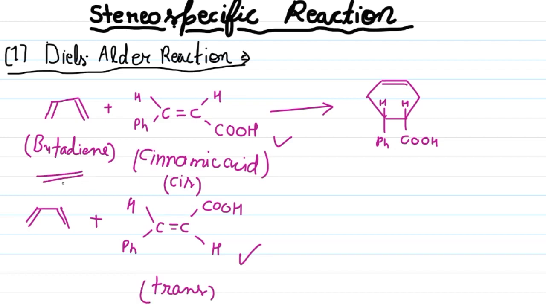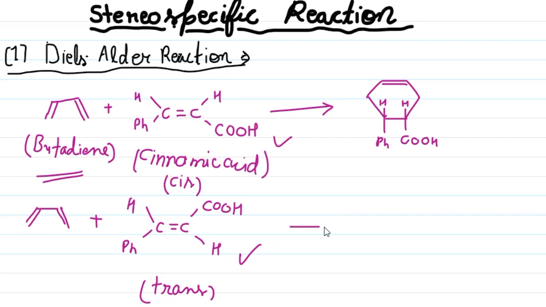Butadiene reacts with cis cinnamic acid, gives cis cyclic product, and butadiene reacts with trans cinnamic acid, gives trans cyclic product.